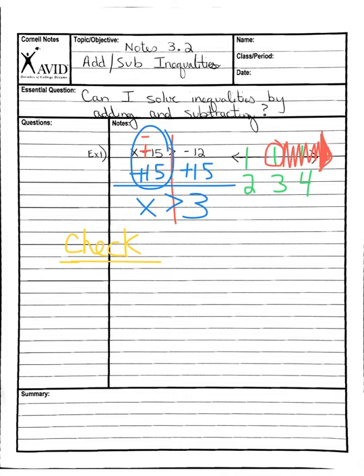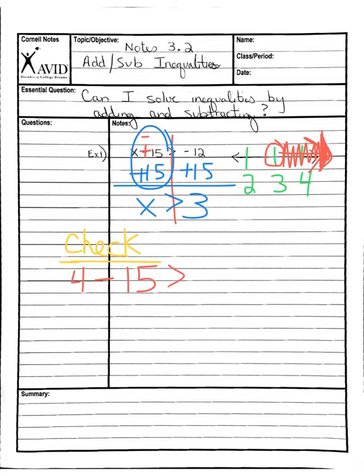And how would I check that? Well, I would pick a number that is to the right of 3. So you can pick any number that's to the right of 3. I'm just going to pick the number 4. And I'm going to put that back into the original problem where it says 4 minus 15. I put 4 in for x.